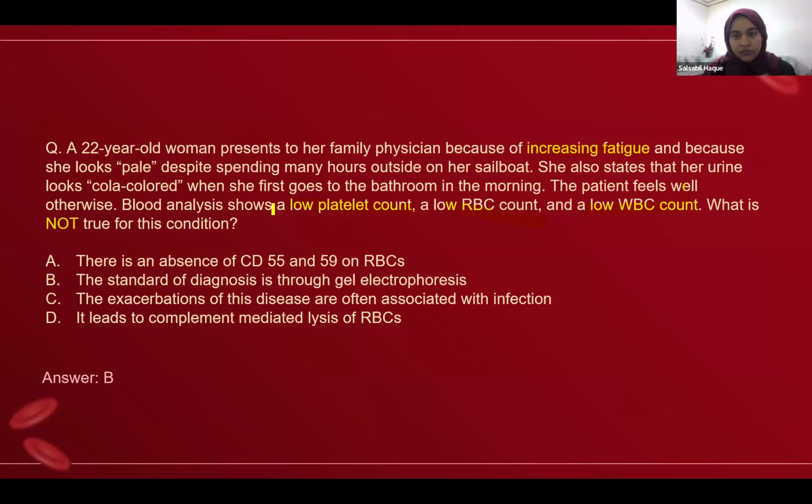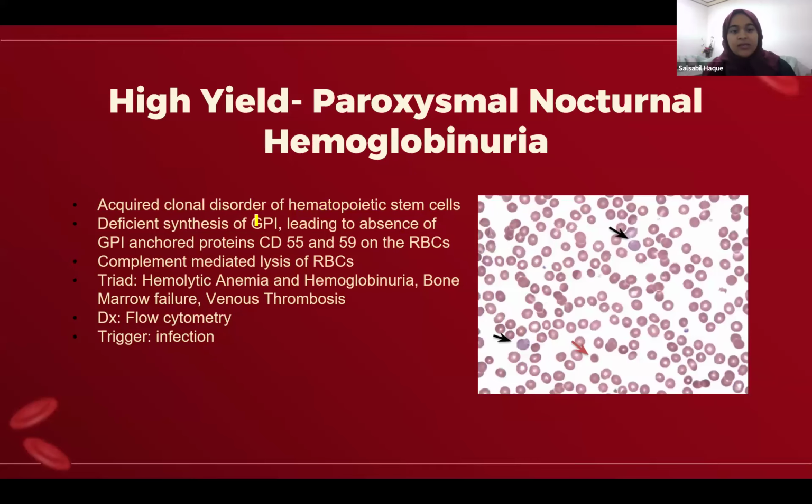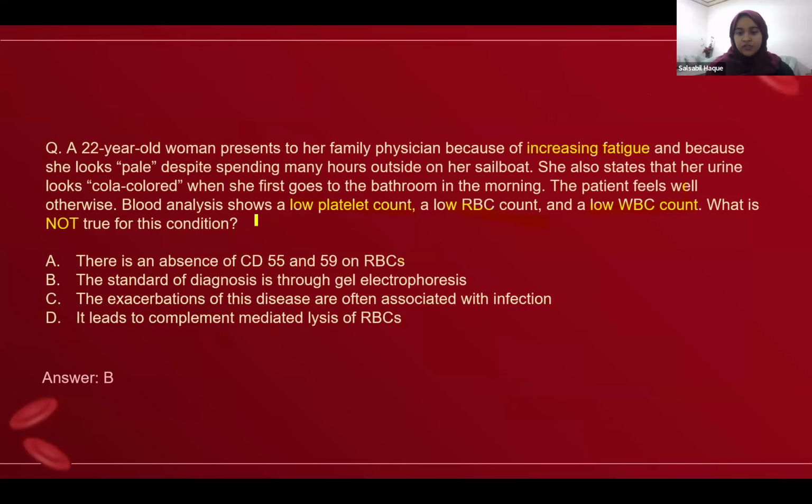So I'll go over paroxysmal nocturnal hemoglobinuria, but since we're looking for something that's not true, we have to do this by exclusion of options, right? So there's an absence of CD55 and CD59 on RBCs. It is correct. In PNH, you have absence or deficient synthesis of GPI, right?